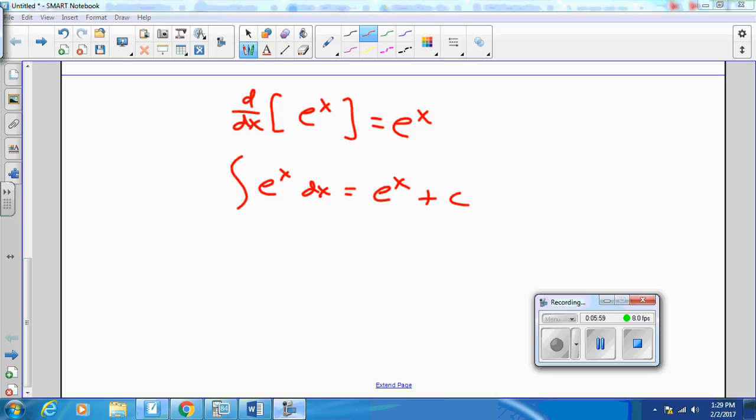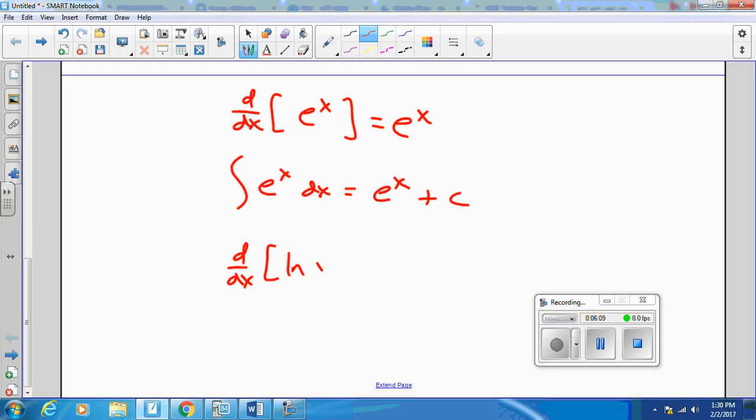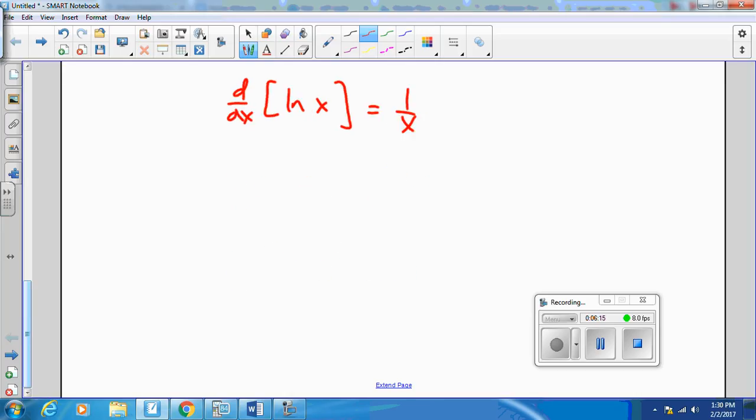We'll come back. Okay, Tony, what's an antiderivative rule that you created? Derivative of ln x. I think you need to think in reverse.